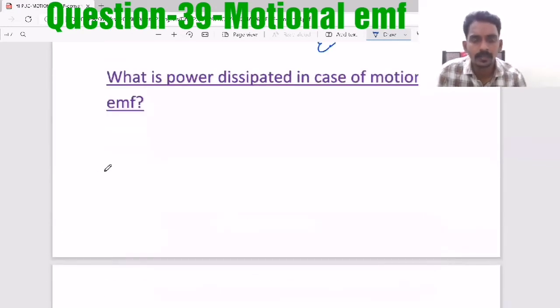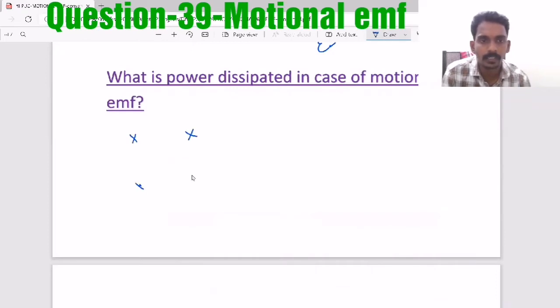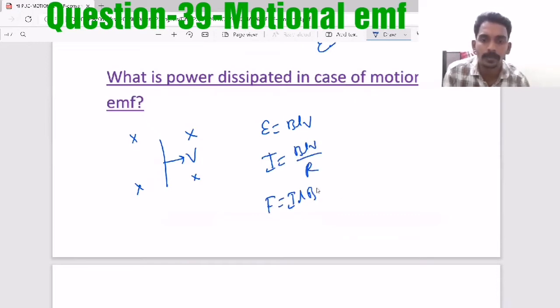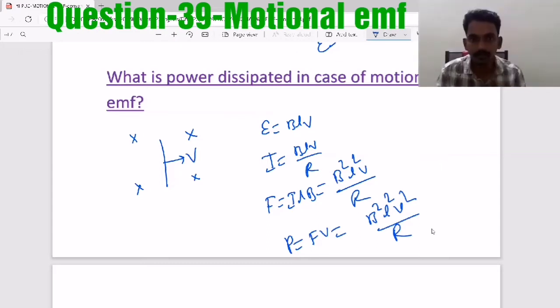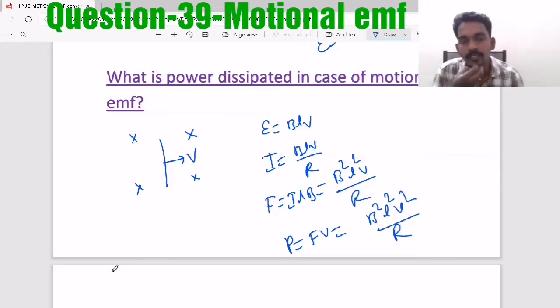Now, in the same case, in the presence of an external magnetic field, when a rod is moving with a velocity v, then epsilon equals BLV, the corresponding current equals BLV by R, and it experiences a force ILB, which is B square L square V by R. Then the power equals force into velocity, that is B square L square V square by R. This is the power dissipated, because due to the velocity EMF is induced, so there is a current, and due to that an opposite force develops.